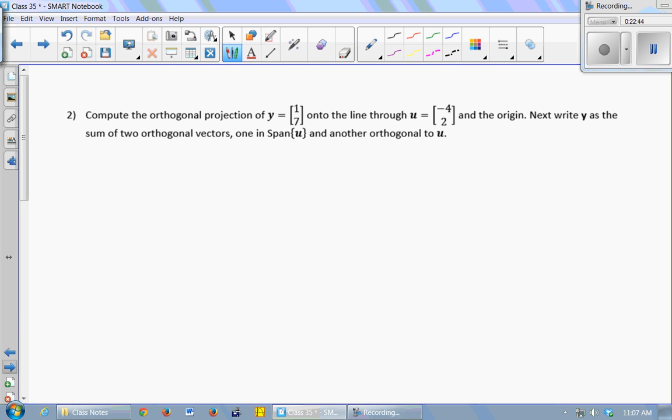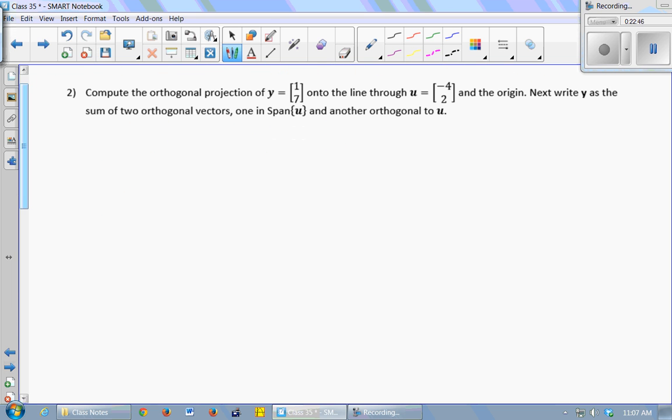All right, let's look at number 2, and then I'll give you some problems to do on your own. All right, so I want to compute the orthogonal projection of y, which is (1, 7), onto the line through u, which is (-4, 2), and the origin. And then we want to write y as the sum of two orthogonal vectors, one in the span of u and the other orthogonal to u.